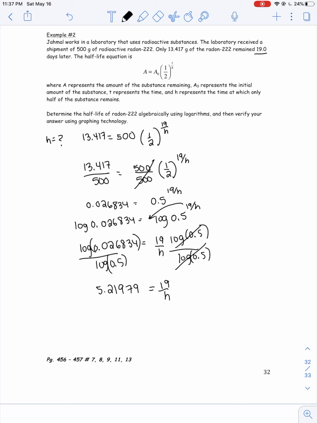Now we need to get h by itself by moving it to the other side of the equation, so we're going to multiply both sides by h. So that's going to cross it off on the right side. And then to get h by itself, we still have to divide this 5.21979 to the other side with the 19.